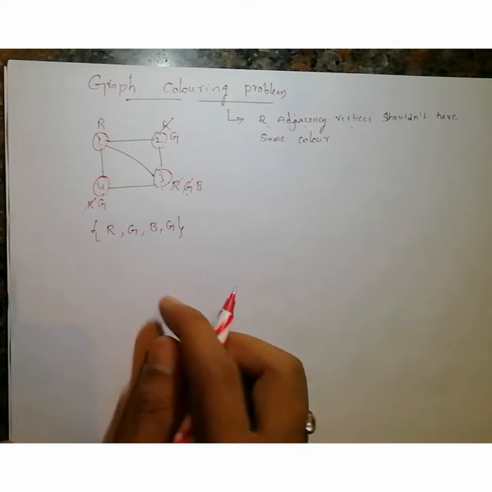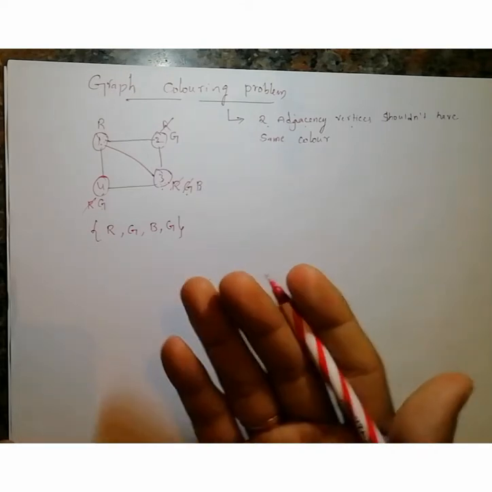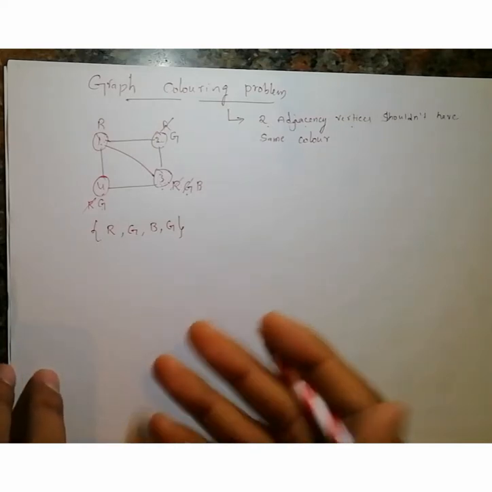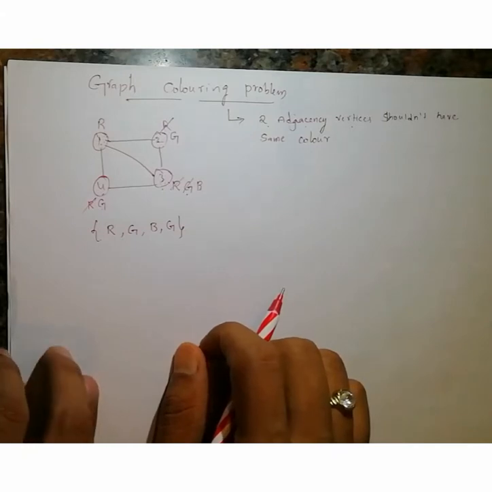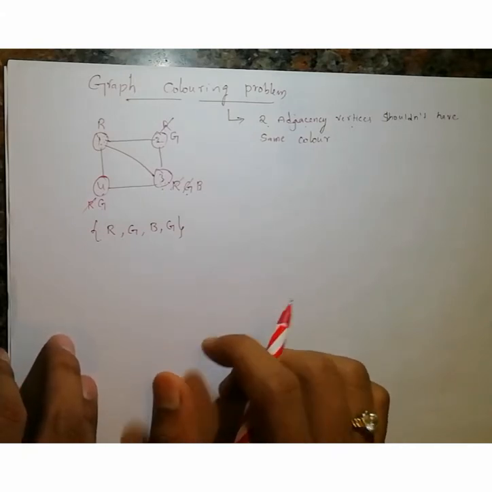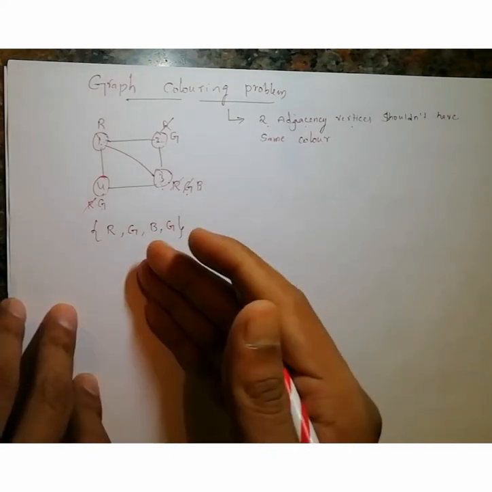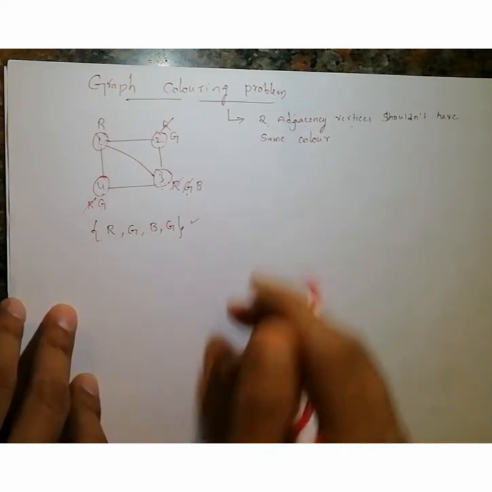Like this combination, how many possibilities, how many combinations can we give colors? We can find that by constructing a state space tree, as we know in the backtracking method, right? By using backtracking, we construct a state space tree so that we can get all possible solutions. Solutions means combinations like this.